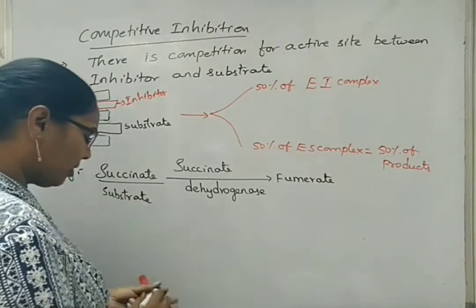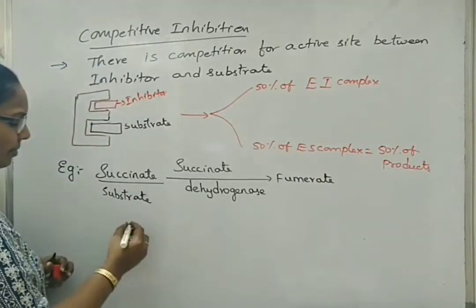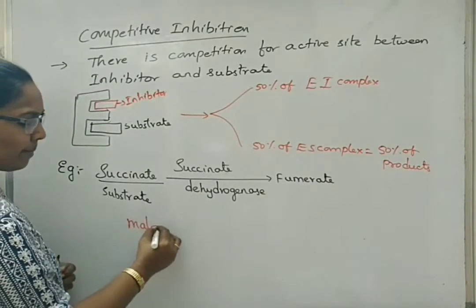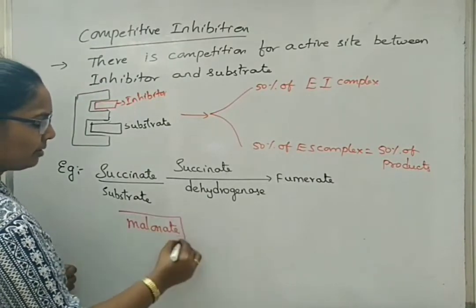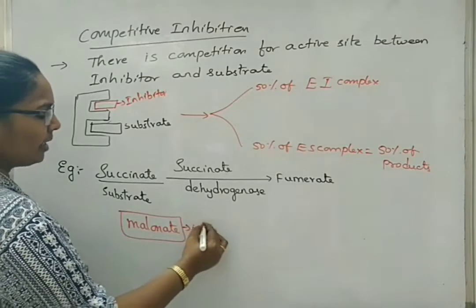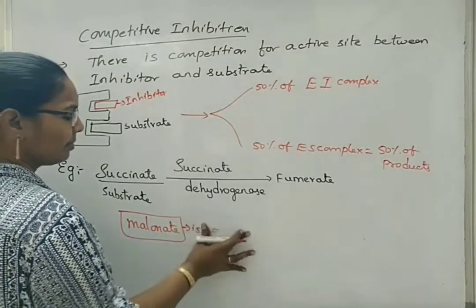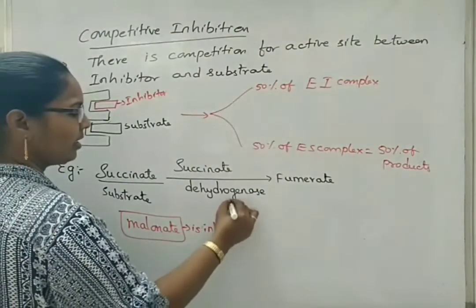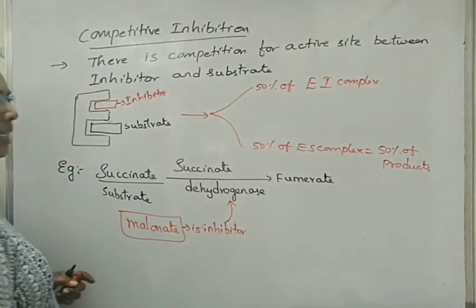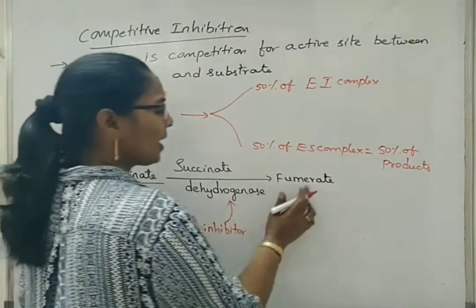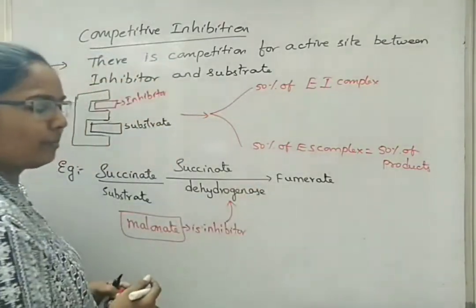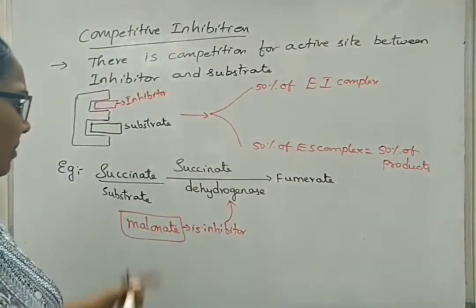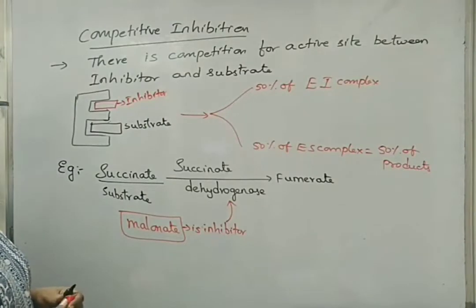There is an inhibitor called malonate. This malonate is inhibitor here. It again binds to some of the active sites of the enzyme and stops 100% formation of the fumarate. So in case of Krebs cycle, this is one of the best examples to explain competitive inhibition.